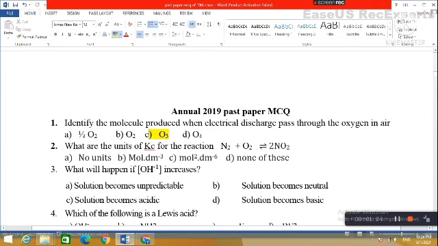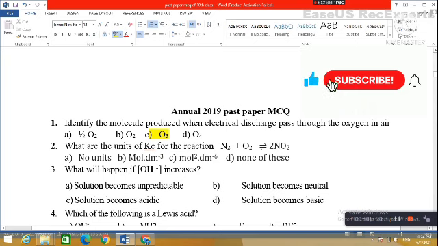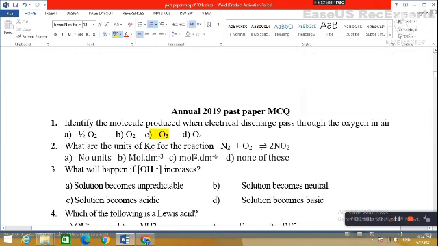Question number 2, what are the units of Kc for the reaction N2 plus O2 reversible reaction to NO2? This is a reversible reaction, and you can see the number of moles of the reactants and products.